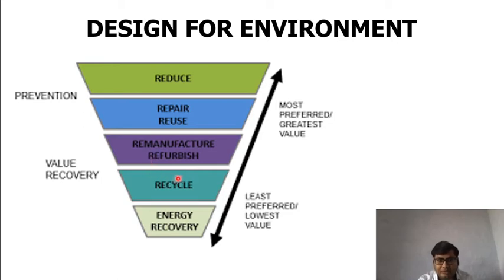If that is not possible, then we try to recycle the chair. But we know that recycling the wooden component is not possible. So what will we do? We will burn that wood and we will try to recover some energy out of it. So that is what energy recovery is. Now, how to achieve all this?